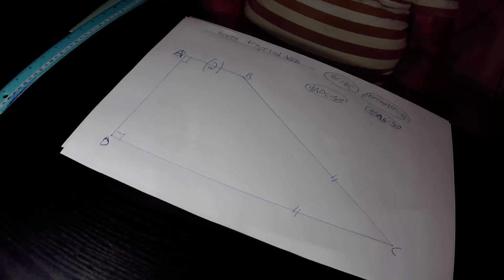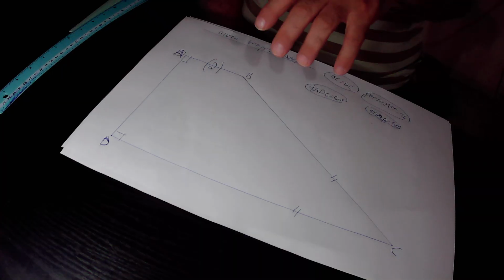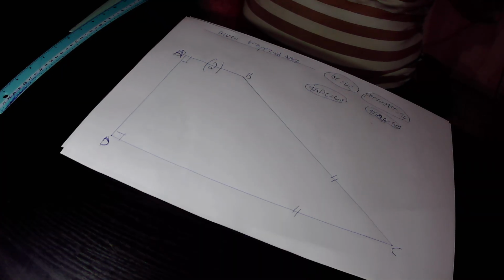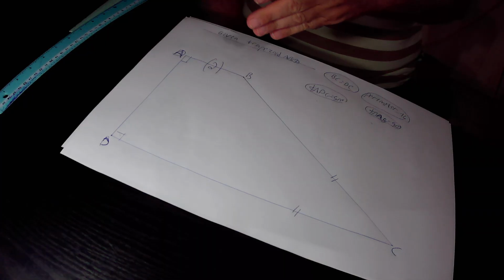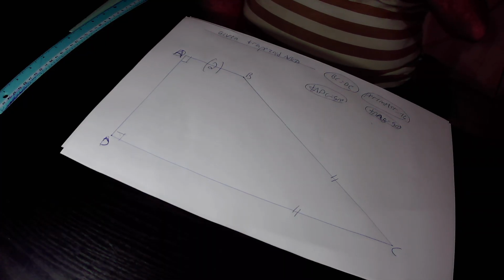And the most important thing that is given in the question is that the perimeter of this trapezoid ABCD is equal to 16 units. That is to say, the sum of the lengths of all the sides of this trapezoid ABCD is equal to 16 units.